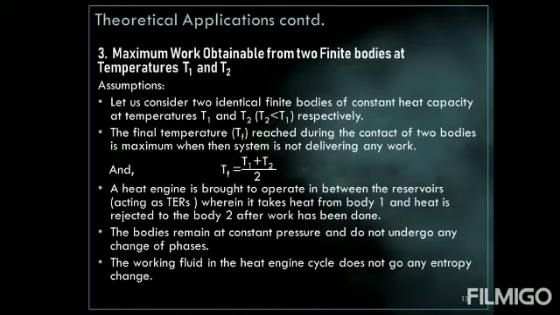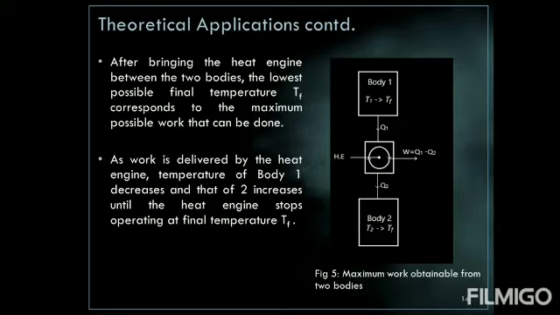Now, if a heat engine is brought to operate between the reservoirs, that is the bodies which are now acting as thermal energy reservoirs, it takes heat from body 1 and heat is rejected to body 2 after the work has been done by the heat engine. It is seen that the maximum possible work that can be done by the heat engine is when the final temperature Tf is the lowest.